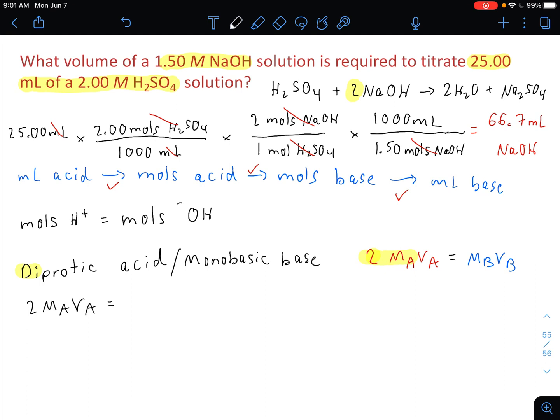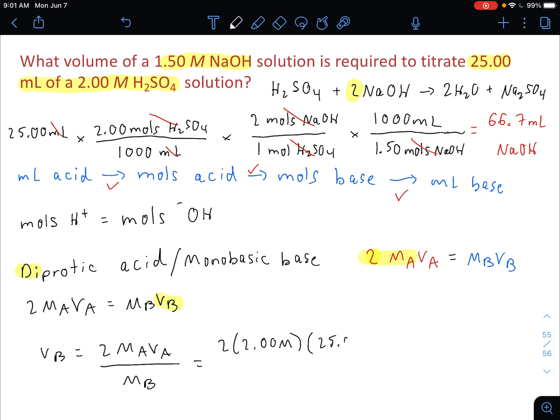So then if we think about the problem like that, 2 MAVA equals MBVB. Again, our goal is to solve for VB, so we can rearrange the equation appropriately to get VB equals 2 MAVA over MB. And I've got all of that stuff to plug in, right? It's 2 times 2 molar, so like I said, kind of effectively doubling the molarity. Volume of acid is 25 milliliters.